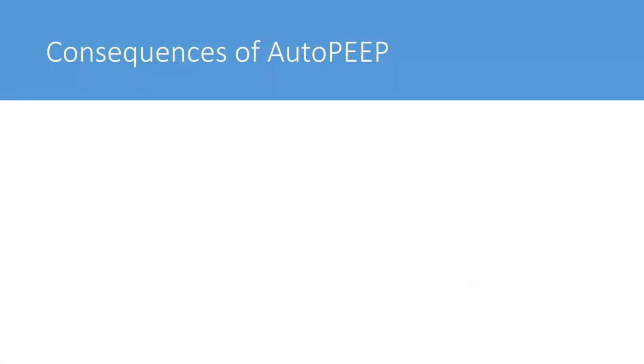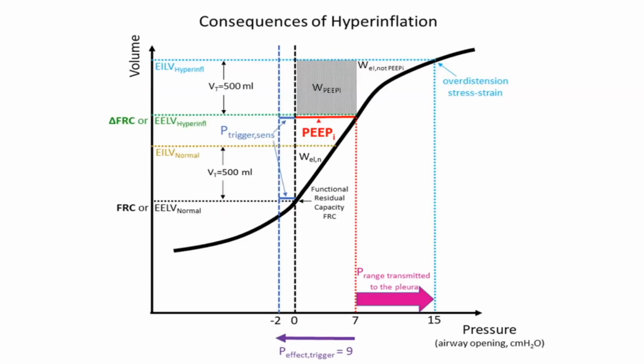It's not simply enough to just talk about AutoPEEP. If you really want to make it a priority to mitigate these things, you need to understand the physiological consequences of what happens when a patient has pretty significant AutoPEEP. The first thing we'll talk about here is increased work of breathing. Why does that happen?